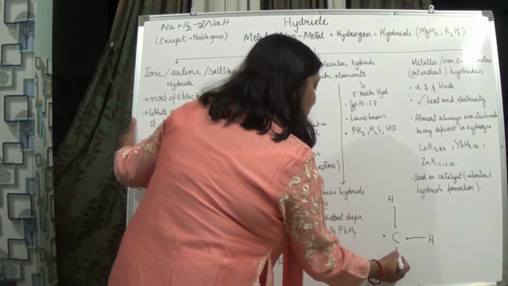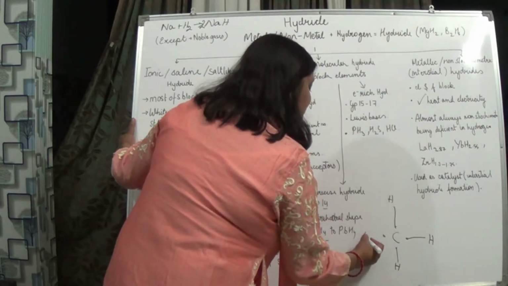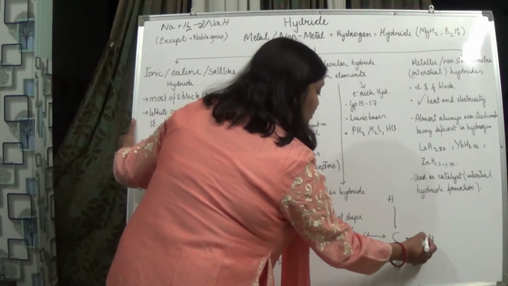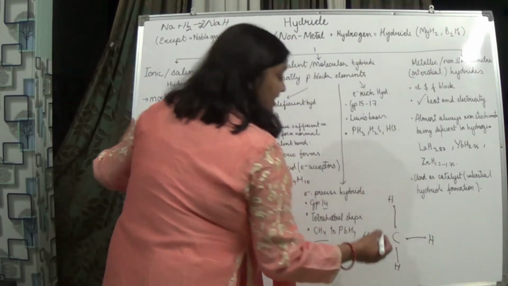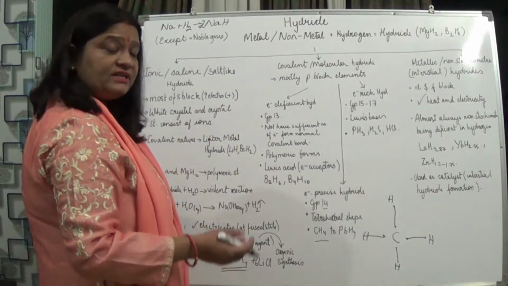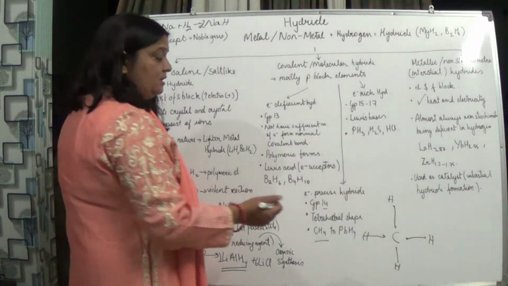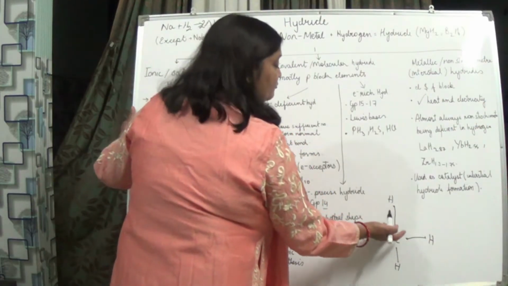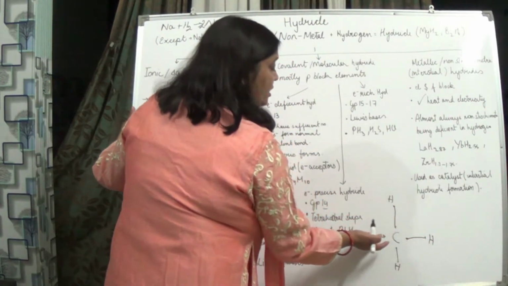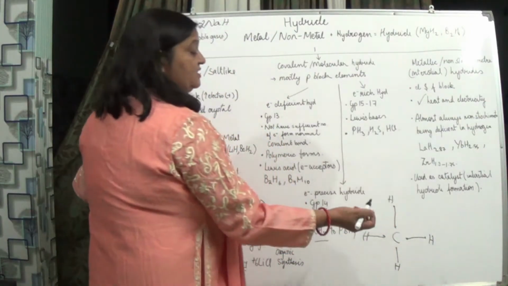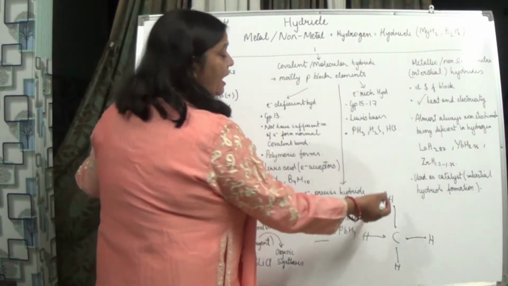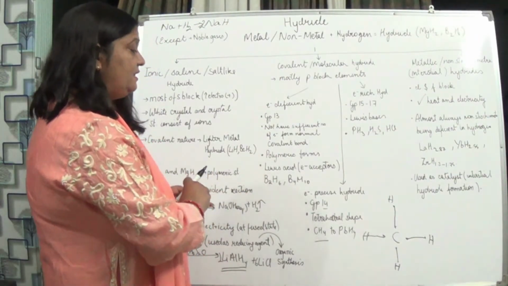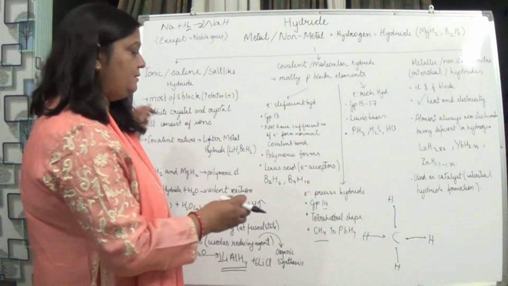So what happens over here? We don't see any extra electron present, nor any deficiency, because hydrogen has only 1 valence electron and carbon has 4, and naturally they form the bond. Carbon's octet is complete and hydrogen's duplet is also complete. So we are saying that they are electron precise hydrides.